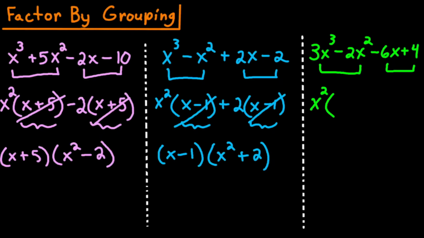And what do we have left over? We're going to have a 3 and an x. We basically did 3x to the third power divided by x squared. You take off 2 of the x's, you're just left with 1x. Minus, keep the sign going. We have 2x squared divided by x squared. The x squareds cancel, you're just left with 2.